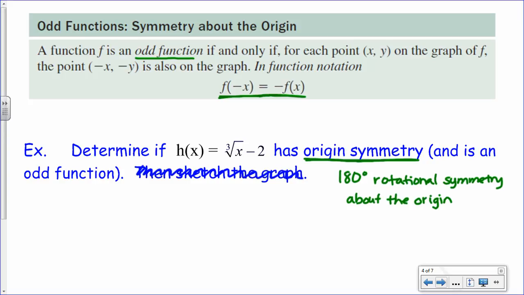So about the origin. You start at the origin, you can rotate it 180 degrees, and that is where the symmetry is. That's where your two parts will overlap.